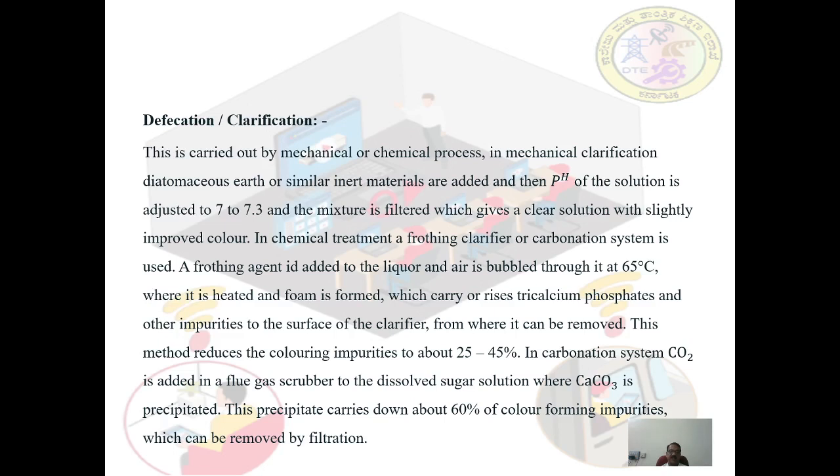This method reduces the coloring impurities by about 25 to 45%.